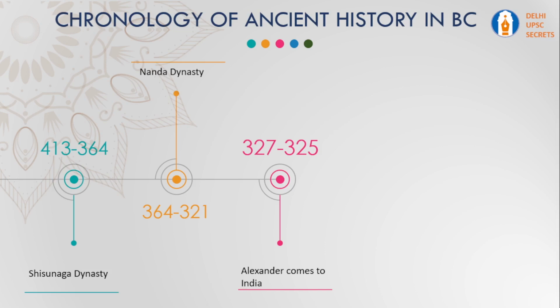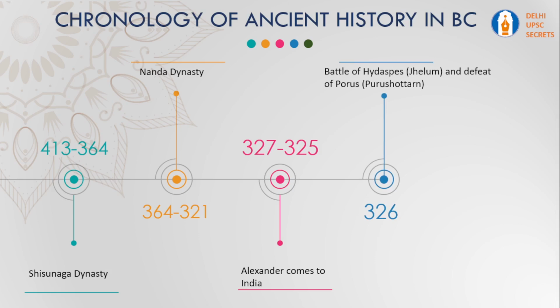And Dhananand actually humiliates Chanakya, which leads to Chanakya taking revenge against the Nanda dynasty. He actually trains Chandragupta Maurya, and later the Nanda dynasty declines, and that marks the beginning of the Maurya dynasty as well. And in 326 BC, the Battle of Hydaspes happens in the Jhelum region.